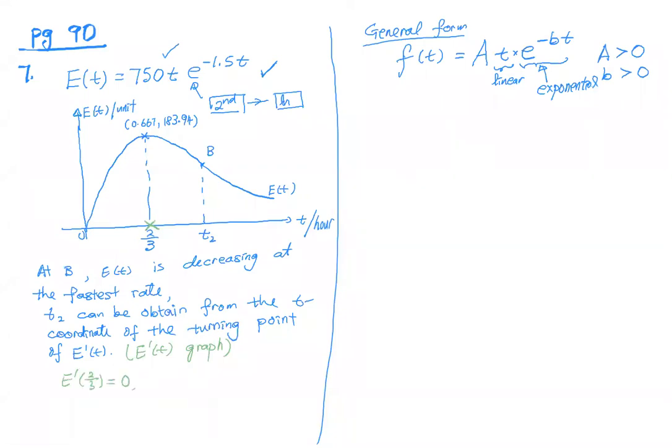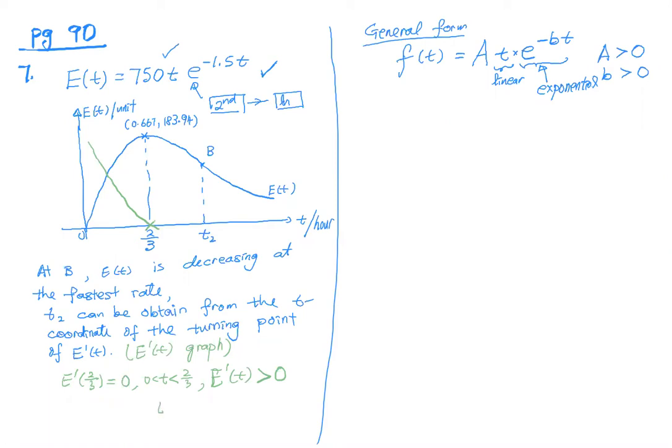And I know that for T greater than 0 and less than 2/3, E prime T is also greater than 0. So the graph will go like that. Am I right? Yes.